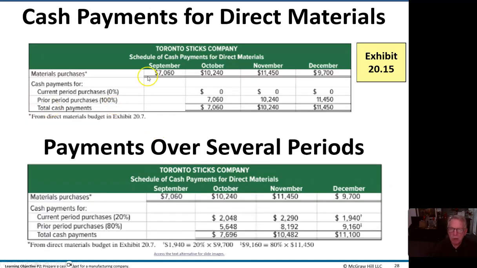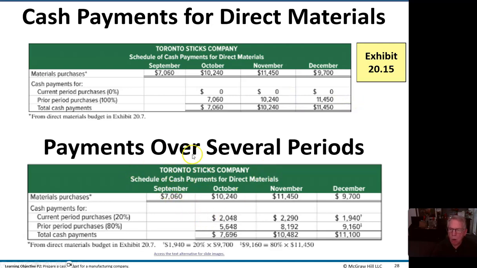All right, cash payments for direct materials. Here we had our material purchases that we calculated, and now we're going to make some cash payments for purchases. In October, we don't have any current period purchases, but for prior period purchases, we look back to September and pay for those in October, because we have a 30-day waiting period until we need to pay our suppliers for those direct materials.